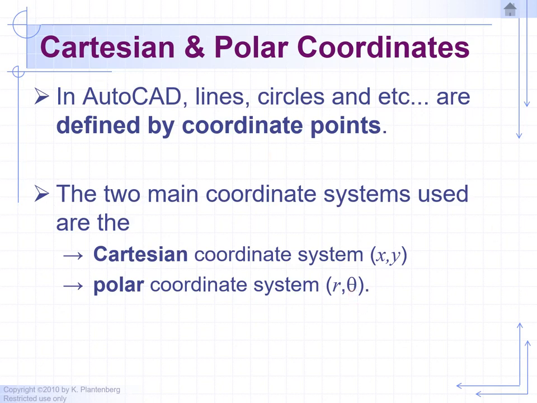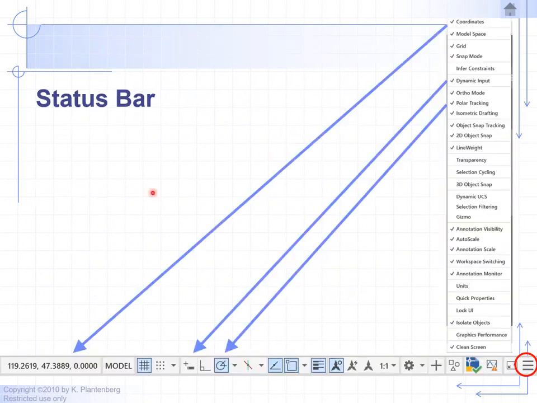Next slide. Okay, before moving on with coordinates, let me recommend going to the status bar. So lower bottom right, you'll see the status bar. Click on the last icon and it'll give you a list of all the items that may be loaded onto your status bar. Anything with the check mark, you'll see the icon loaded in the status bar.